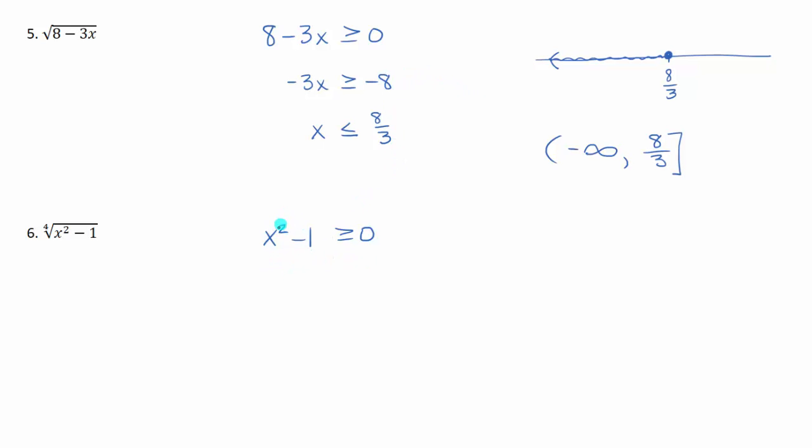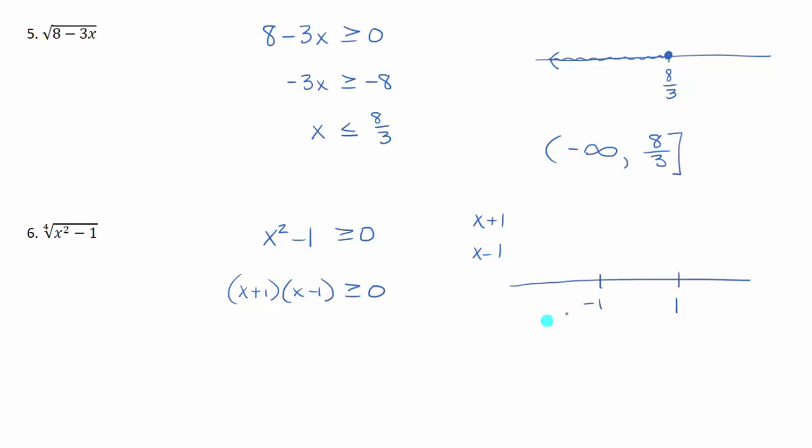Remember, it's a quadratic or a nonlinear with an inequality, so we're going to have to set up a sign chart. First, let's factor and then start making our sign chart. The critical values I get from my factors would be a -1 and a +1. My factors are x plus 1 and x minus 1.